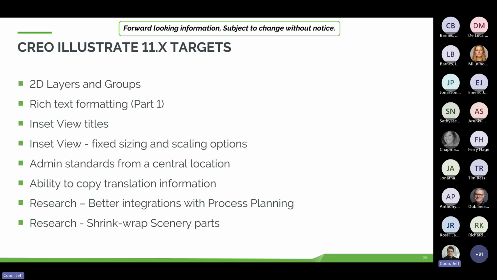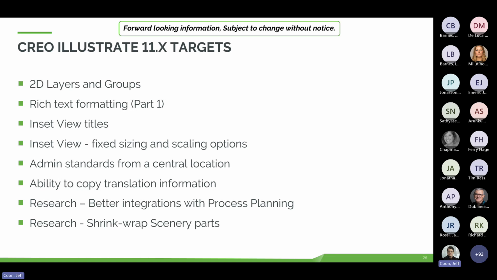The concept is to bring more of the workflows that you currently do inside of Windchill into Creo Illustrate, to get you closer to a point where you don't ever have to go directly into Windchill's user interface. You can just do what you need to through Creo Illustrate talking to Windchill, as opposed to jumping back and forth. So again, the first one is around process planning, but the basic concept is better integration overall.